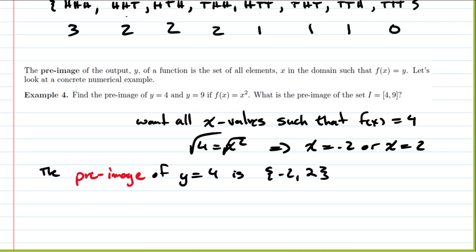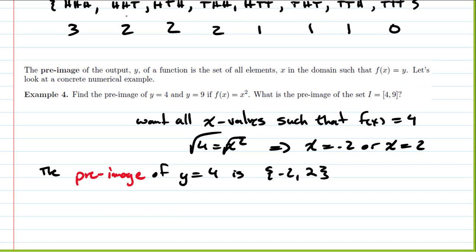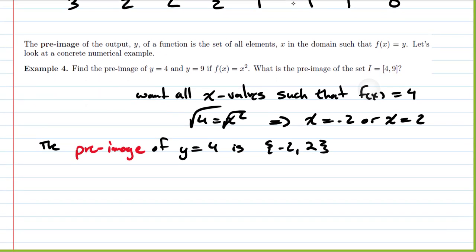Because if I put either -2 or 2 into that rule, what do I get? 4, right? So the pre-image is just the set in the domain that gives us that output. There can be more than one thing, even if there's only one thing in our range.